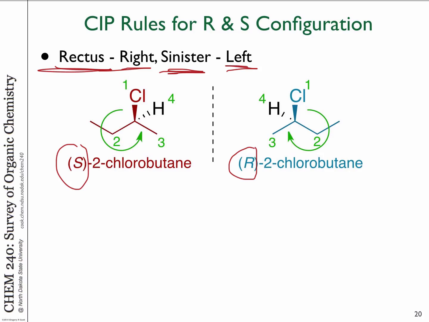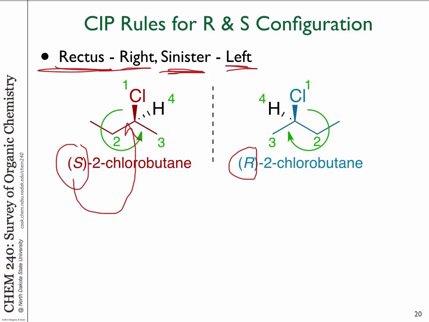So how do we come up with that? How do we know? What do we mean by that's the left molecule or the right molecule? Or specifically, this is referring to the configuration at the stereogenic carbon that we're talking about. So we have 4 groups. We just need to come up with a systematic way to differentiate 4 groups and then talk about whether the arrangement goes in a certain direction.